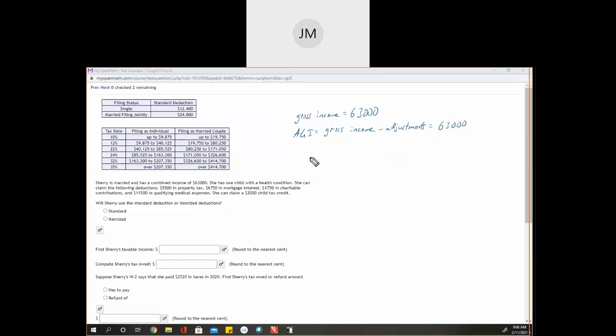Now we figure out the value of the itemized deductions. We add up the deductions that we have listed: the 5,500 plus the 6,750 plus the 1,750 plus the 11,500.